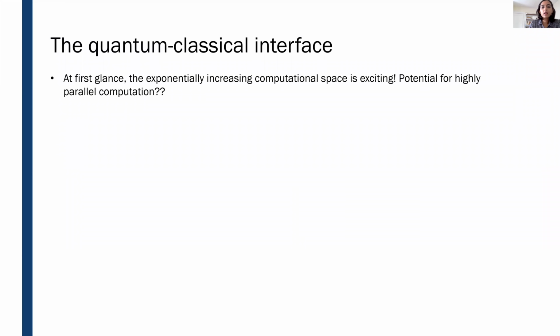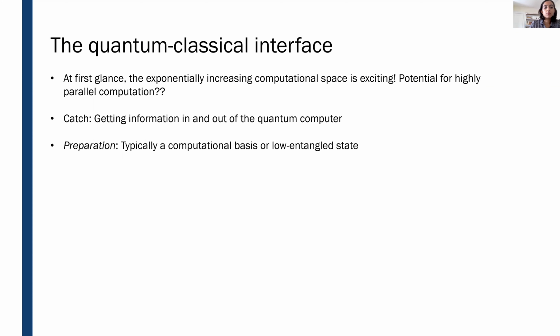And then another caveat comes from when you start thinking about the quantum classical interface. And the catch is that getting classical information in and out of the quantum computer is often not efficient, right? So typically when you start off a quantum computation, the first thing you need to do is prepare your qubits in a certain state.